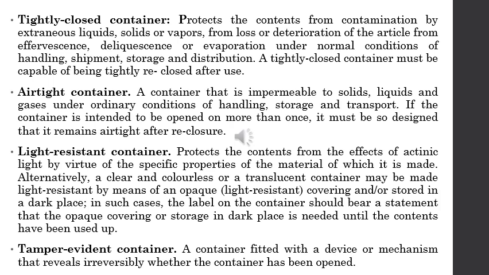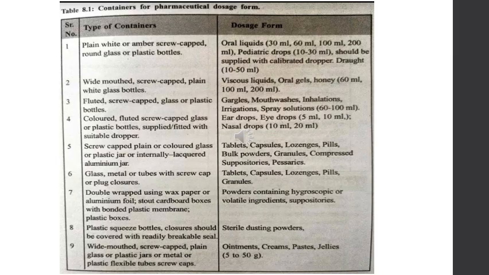Next type of container is a tamper evident container. So this container is fitted with a device or mechanism that reveals that the contents of the container have been tampered. So this table shows the type of container and the type of dosage form which can be filled in the container.